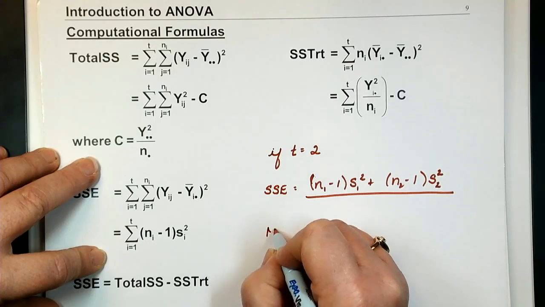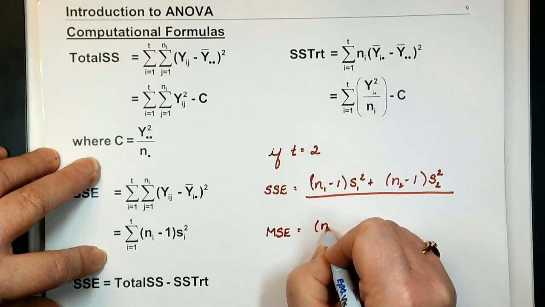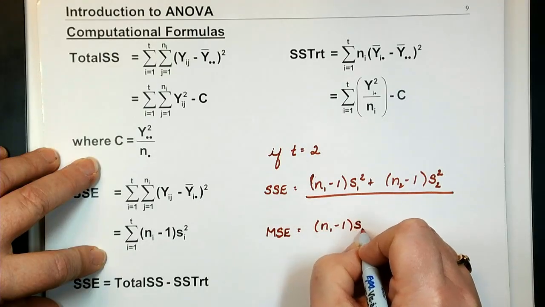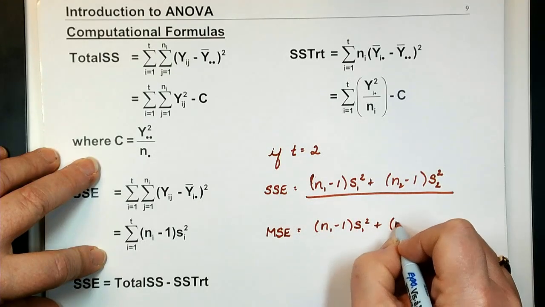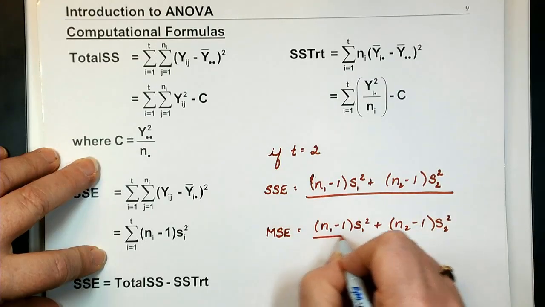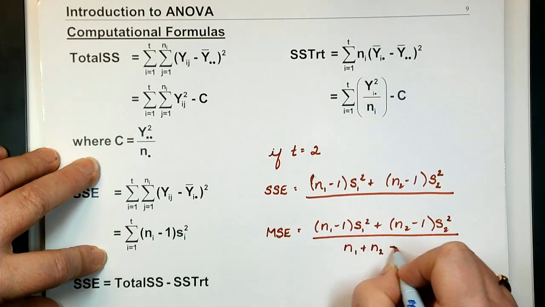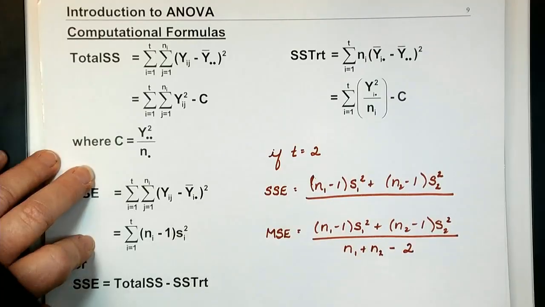Then the mean square error would be equal to this expression up above over n1 plus n2 minus 2.